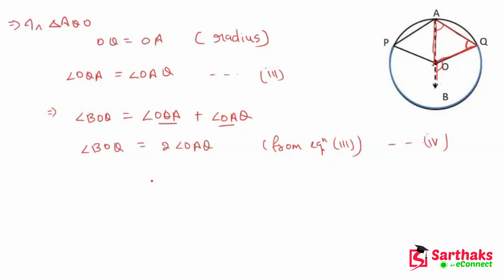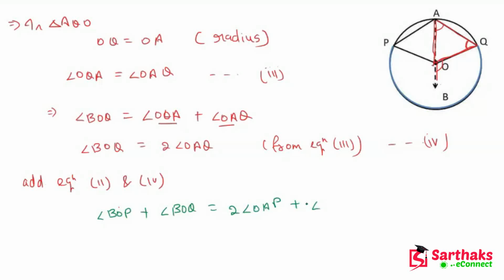I hope you understand these things. Now add equation 2 and equation 4. So we get angle BOP plus angle BOQ is equal to twice angle OAP plus twice angle OAQ.